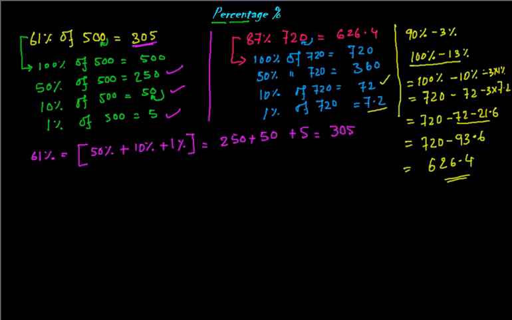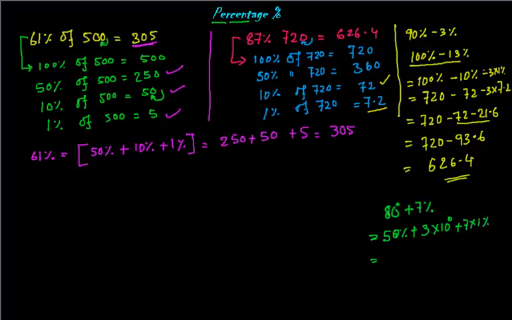Surely you can try other methods also, like 90% minus 3%. Or I can do 80% plus 7%, and that 80% I can write as 50% plus 3 times 10% plus 7 times 1%.